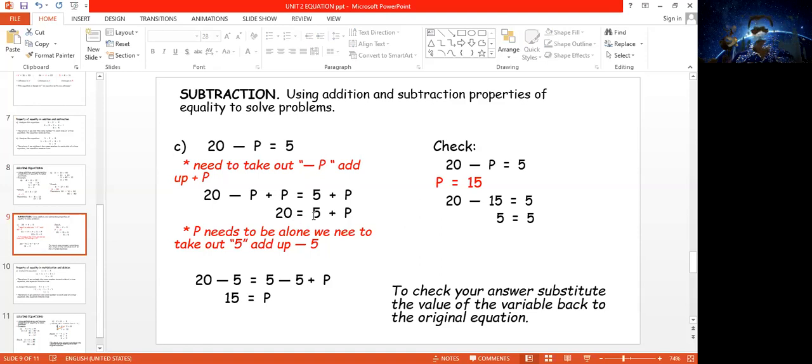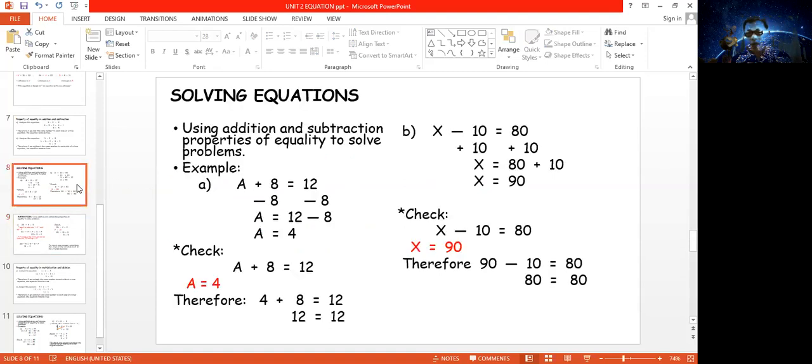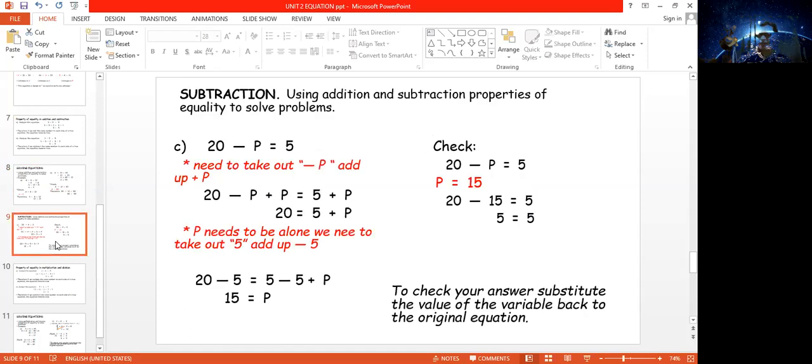Are we done? Not yet. If you can see this, it's basically just the same as the other equations that I showed you earlier. The only thing is the variable goes to the right-hand side. Then you might ask yourself, is that possible, teacher? Yes, it's okay, it doesn't matter. So now look at this.